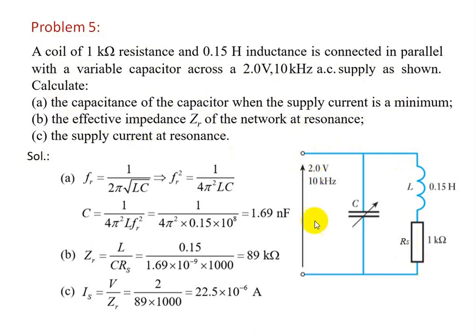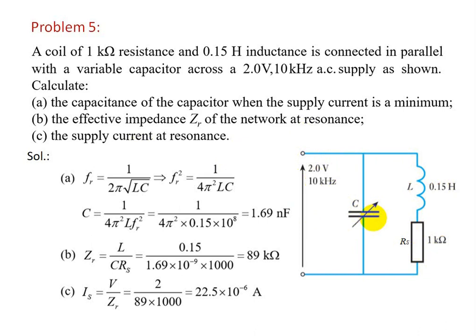So this is the given circuit. The 2 volts, 10 kilohertz supply is applied to this network. C is the variable capacitance, L is 0.15 Henry and the resistance is 1 kilo ohm. From the given data, you are asked to find the capacitance at which current is minimum.